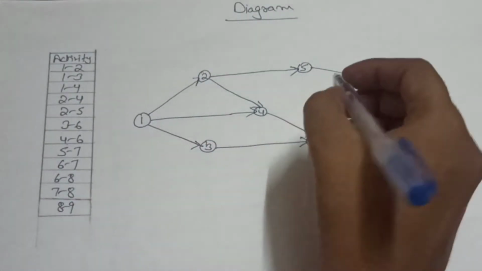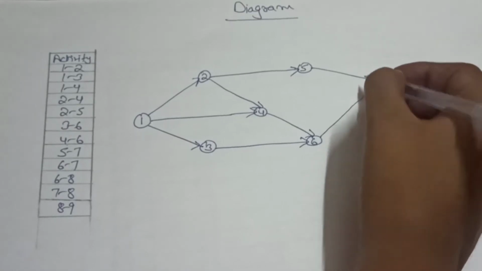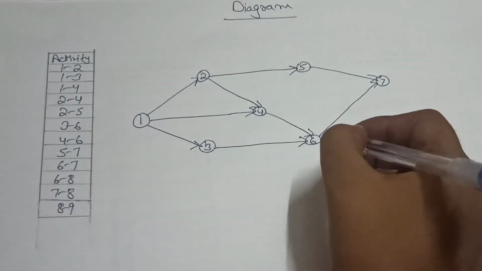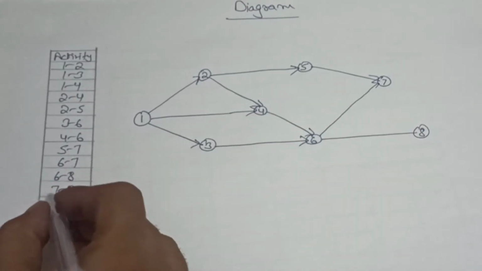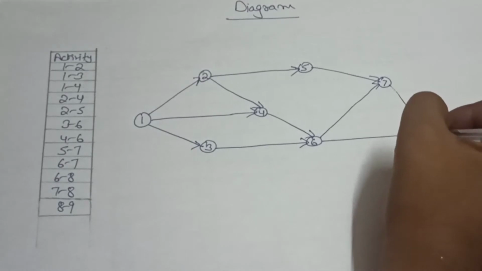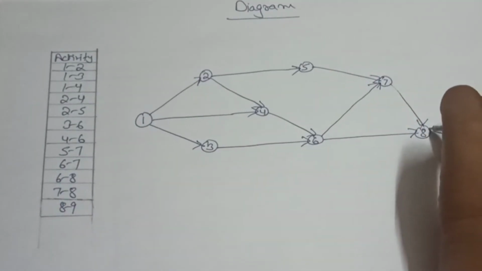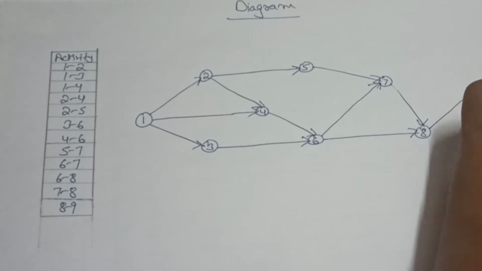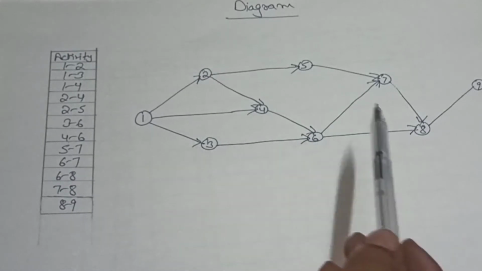Then 6 to 7. After that 6 to 8. So we can draw like this, 6 to 8. Then 7 to 8. Then 8 to 9. So we can draw like this, 8 to 9. So friends, this is our diagram.